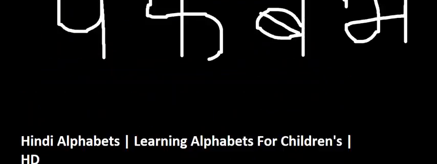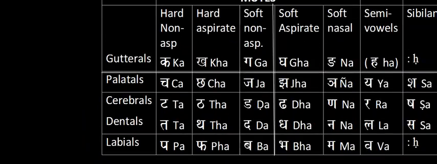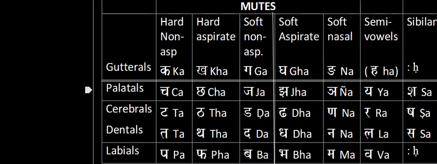If you take a look back at the table that we were going over for the past couple of videos, you'll see that in all of these consonants, it's ka, kha, ga, gha, cha, ta.